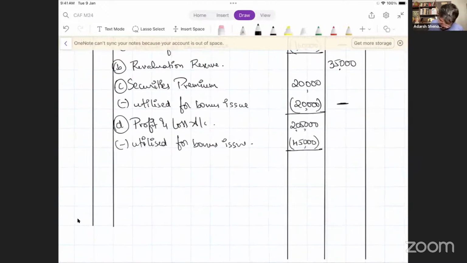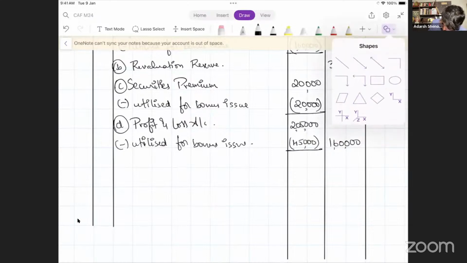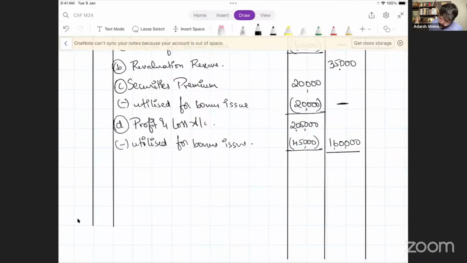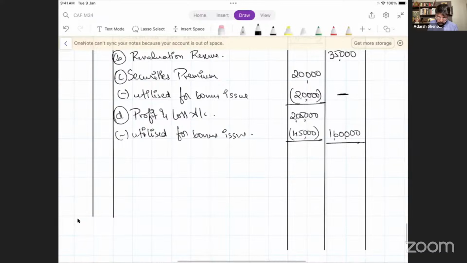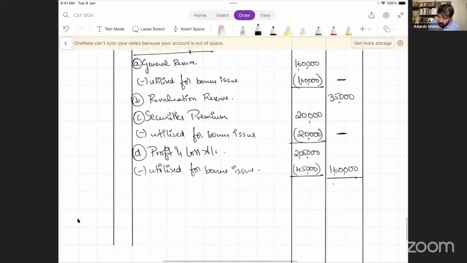So how much is remaining? 1,60,000. Done. Total this up. That is the total of all the reserves: 1,95,000.